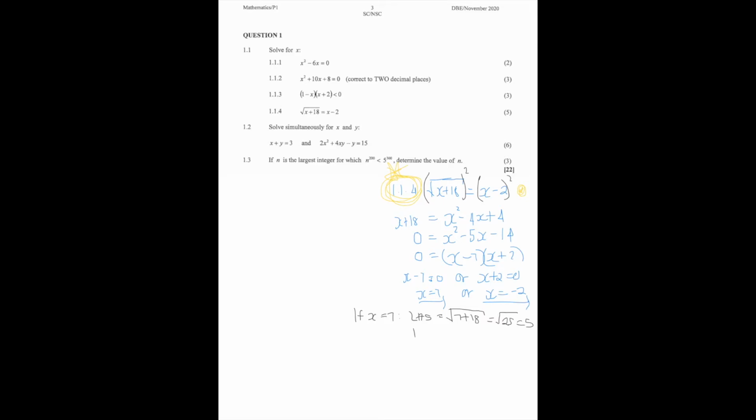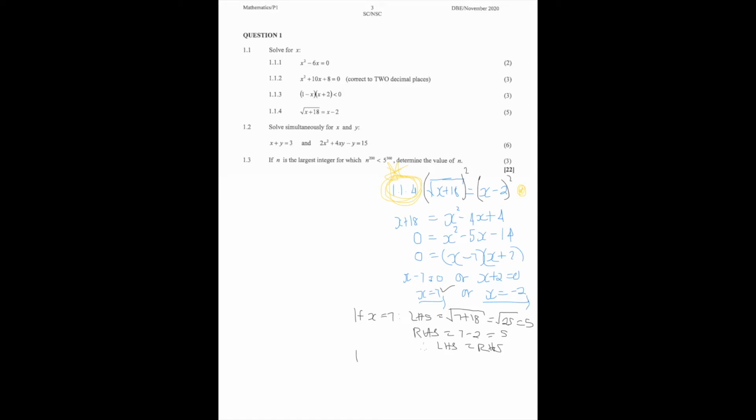And the right hand side equals x, which is 7, minus 2, which equals 5. So indeed, the left hand side equals the right hand side. So we are happy with this answer.